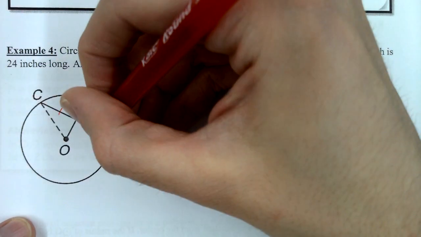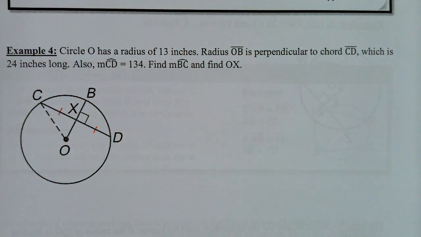This is congruent to that. That's from the theorem right above. It says chord CD is 24 inches long, okay? Also, the measure of arc CD equals 134. Find the measure of arc BC and find OX.